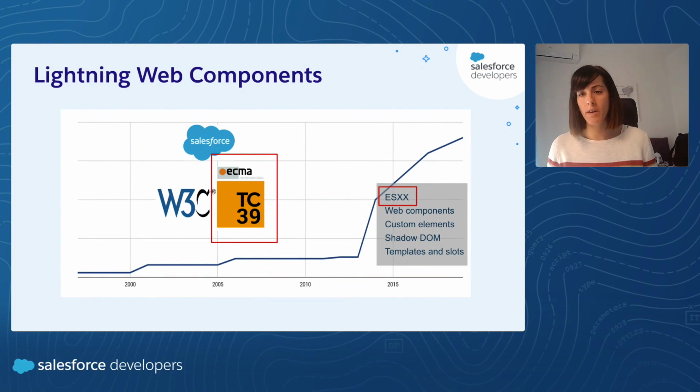We have members in Salesforce teams that are taking care of web standards internally, but also contributing and being a voice in those organizations. That's the reason we are so interested in spreading the knowledge about web standards and about what you can do with them as of today in Lightning Web Components.